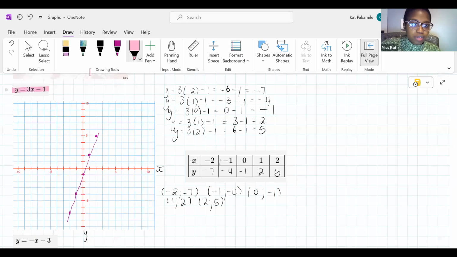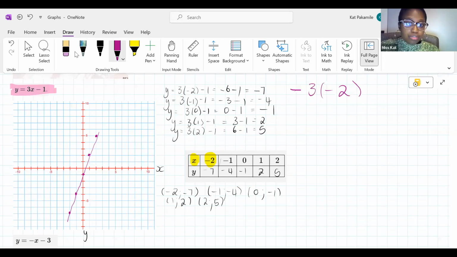Yes. So we're substituting the numbers from the table. Wherever you see an x, you put in -2, which is what we did. So it's +3 times -2 minus 1.